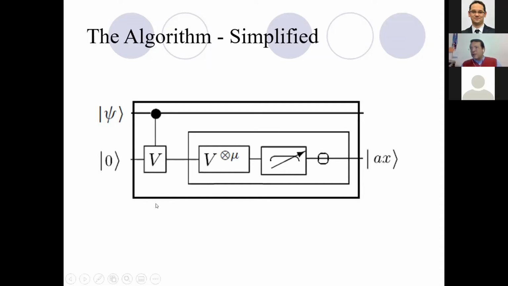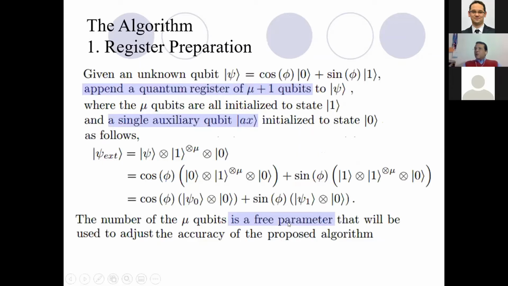We will iterate a controlled V followed by mu of the V's, followed by sharp measurement on the auxiliary, followed by the reset operator. I will not go into the details of the mathematics here. You can check the paper, and if you have any questions, I will be happy to answer.